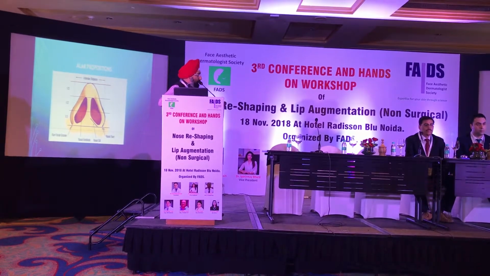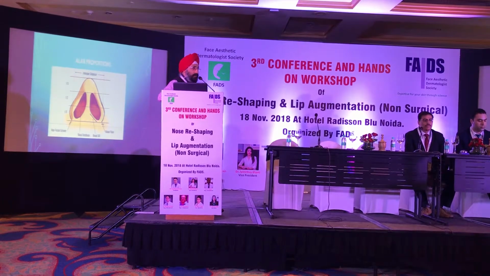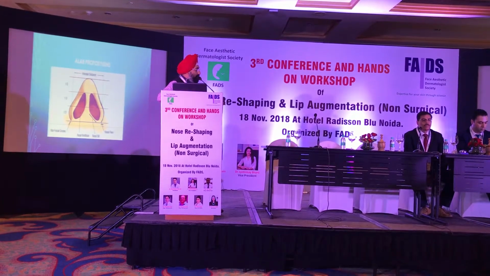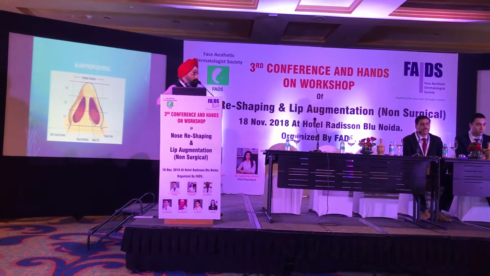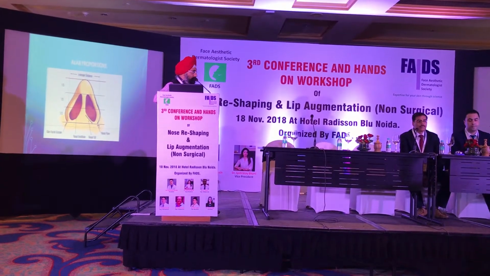The ala can be divided into three parts. The inter-ala distance, as I told you, is equal to the intercanthal distance. The upper third is from the tip to the upper point of the lower lateral cartilage. Then the middle third divides the lower lateral cartilage into two parts, and then up to the subnasal.